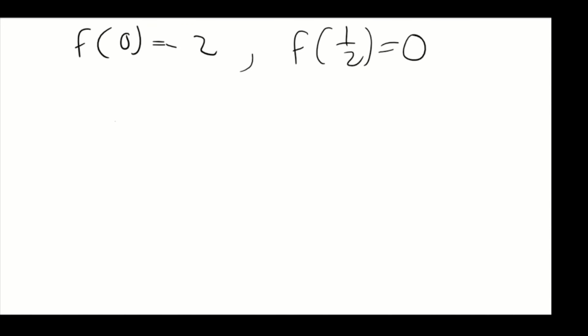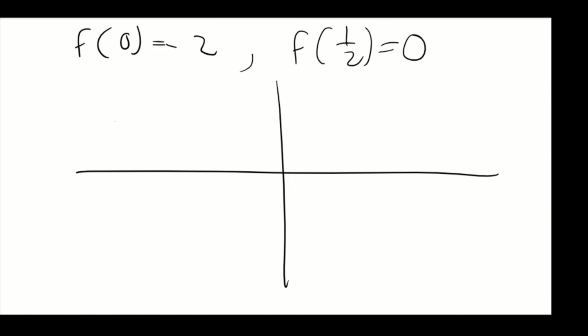To draw our function, we're going to indicate the intercepts. Start with this one, which is (1 over 2, 0), and then this one here, which is (0, minus 2).